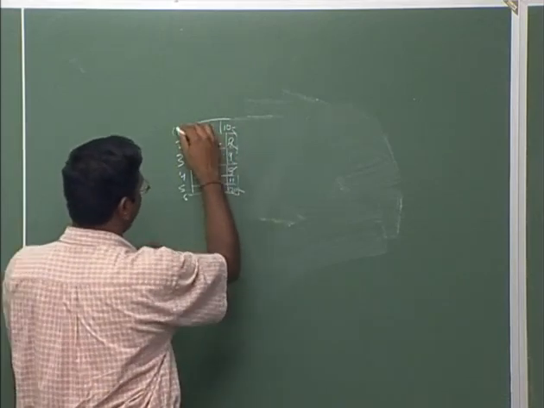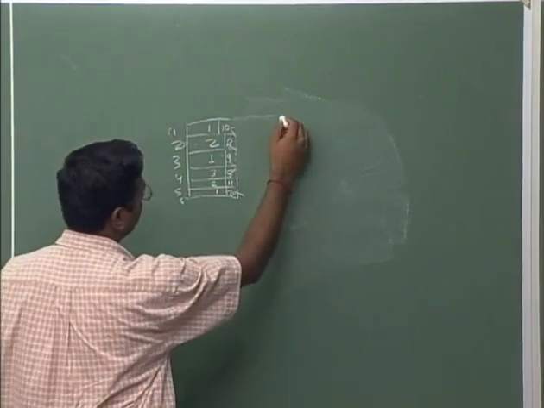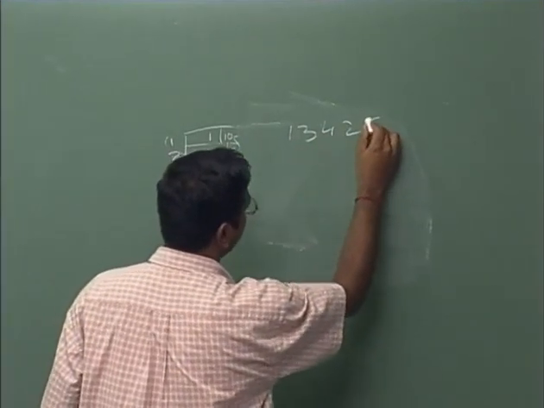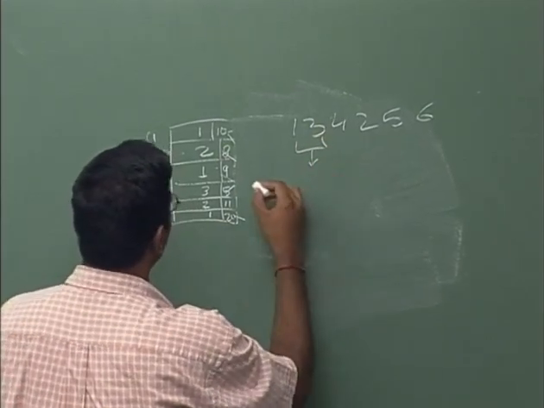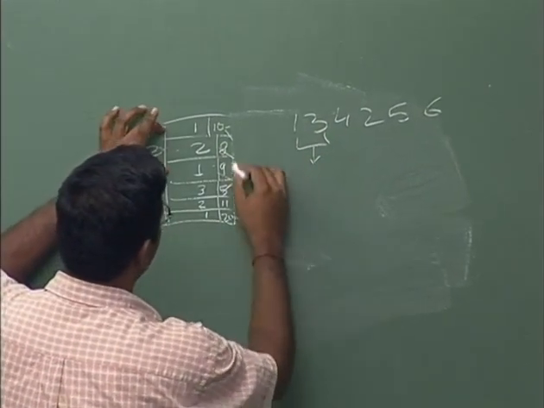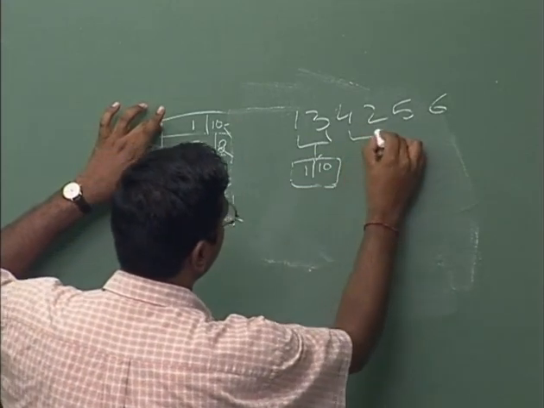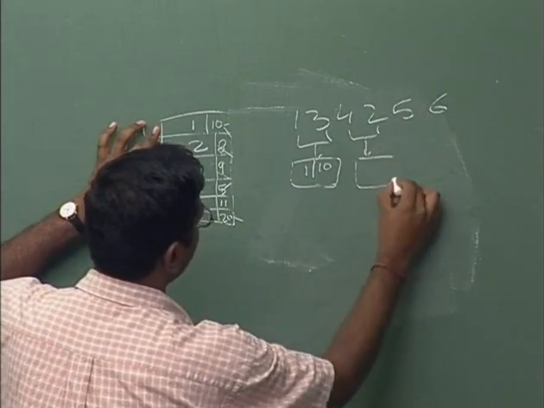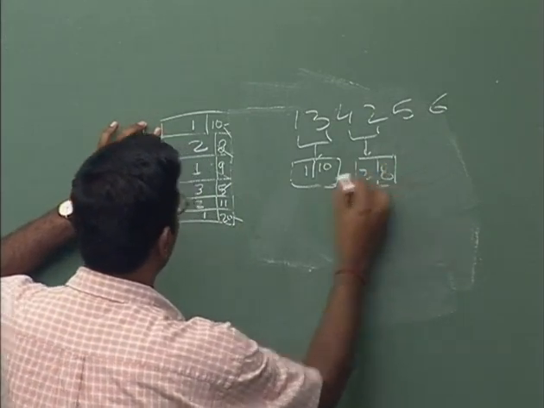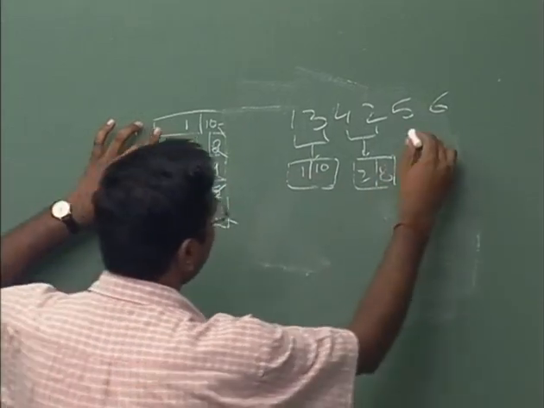Now I randomly shuffle my population, and then from 1, 2, 3, 4, 5, 6, I get a combination like this. I compare 1 and 2, 1 and 3, and I pick 1 with 10. From 4 and 2, I pick this solution, and this solution is compared. So I pick this solution.